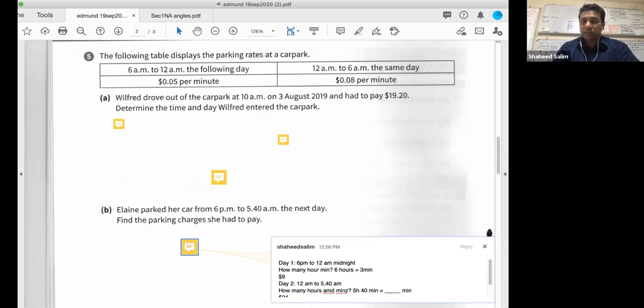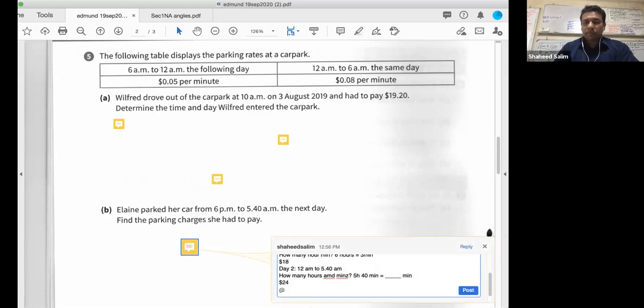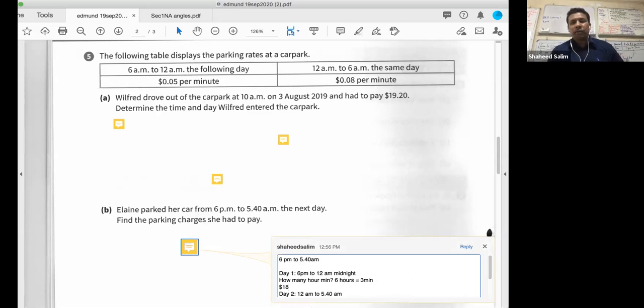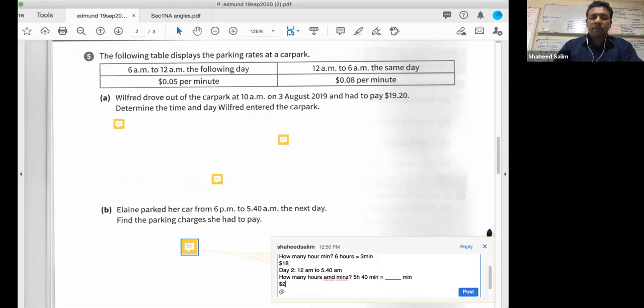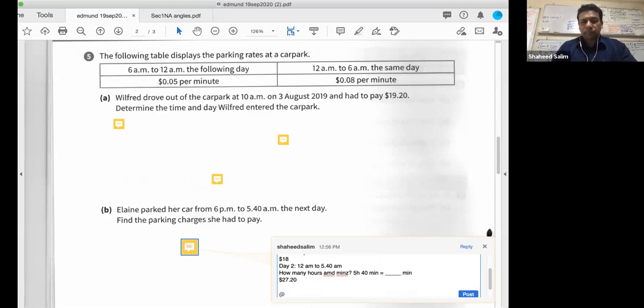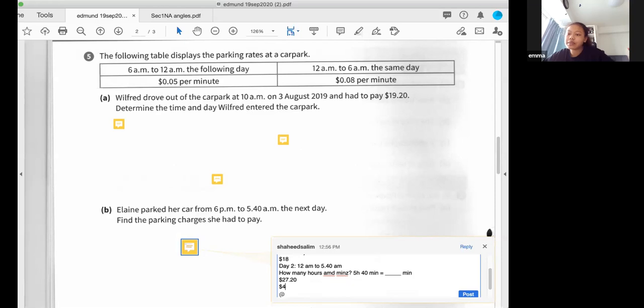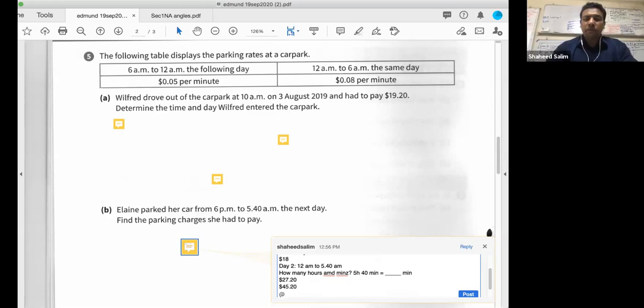So this is $18. And $24. So you get $42. It's still not correct. $27.20? $7.20. So what's your total? $44.20. Okay, correct. Now you're right.